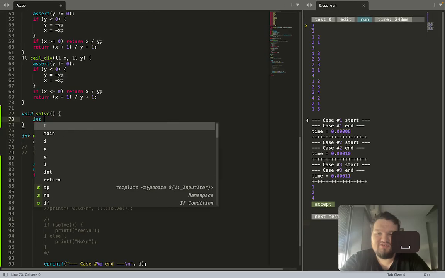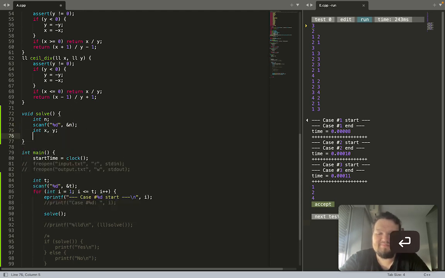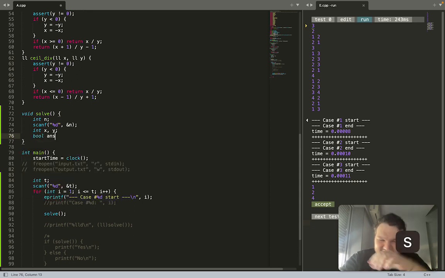Technically, we don't need to store the whole array. But because of multitest, if we don't read the whole array, we cannot just break after we find a bad pair. We need to read everything still.